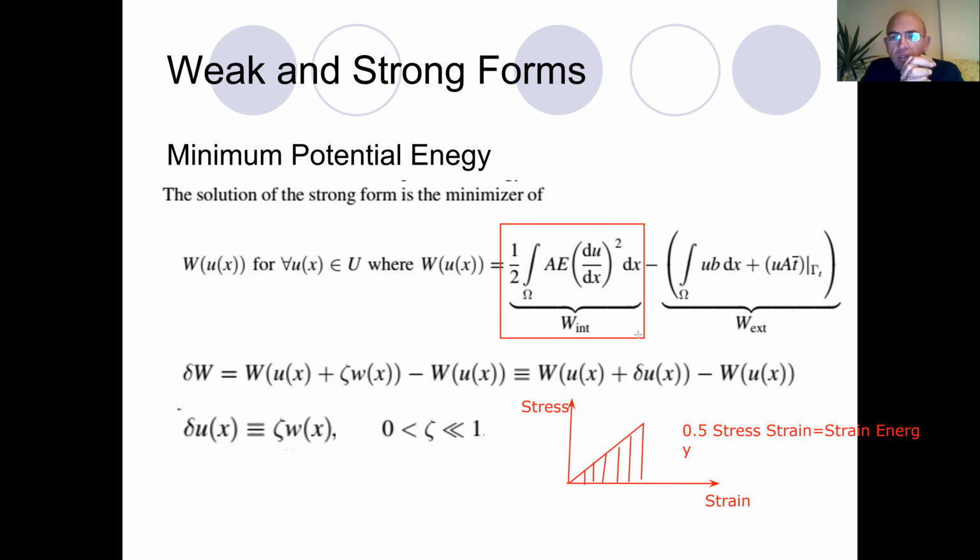Okay, what else? Minus work done by the external forces. What are those external forces? Certainly the distributed load on the structure, B, and work done by the distributed load is U multiplied by B, because distributed load will deform the structure as well. And in fact, the amount of deformation is the displacement U. What else?